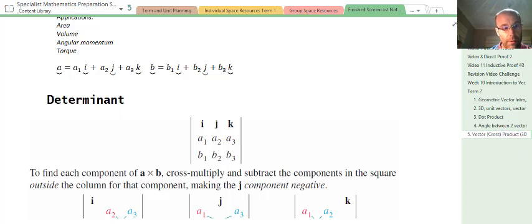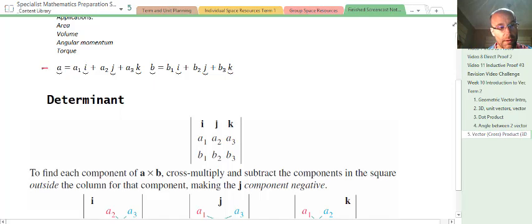I'm showing you the most direct way of finding the cross product, or the vector product, of two three-dimensional vectors. It is done using a process involving the determinant, which I'll explain in a minute. Before we do that, let's define two generic vectors. We have vector A, which is A1 i plus A2 j plus A3 k.